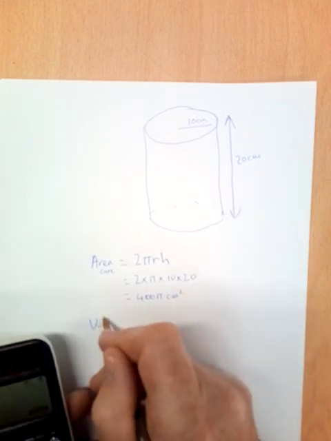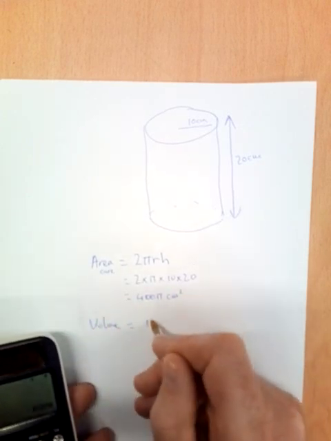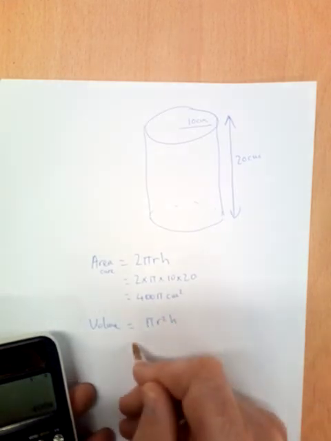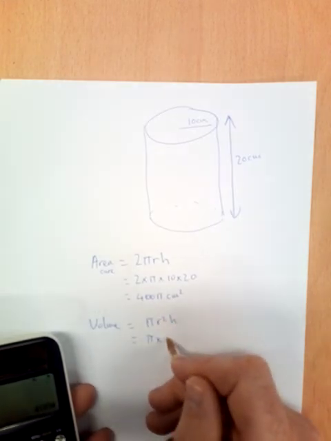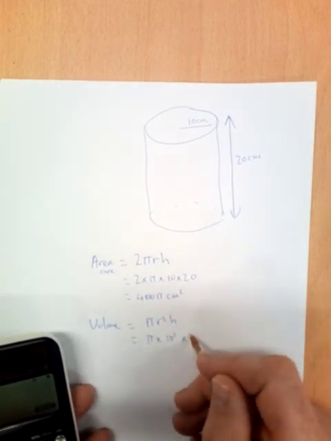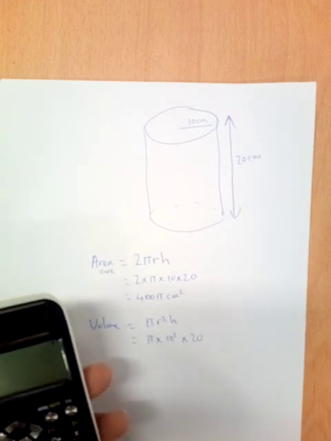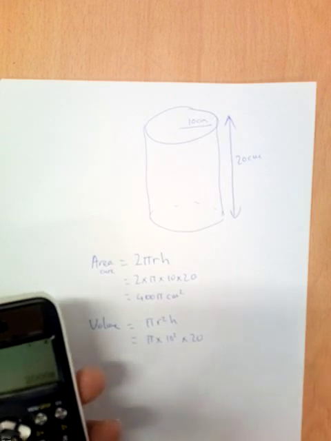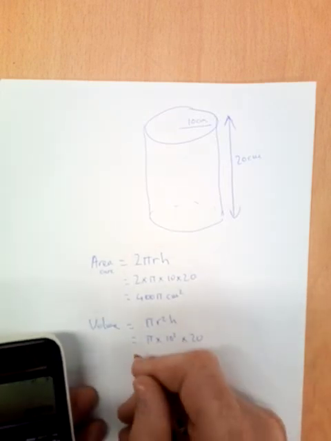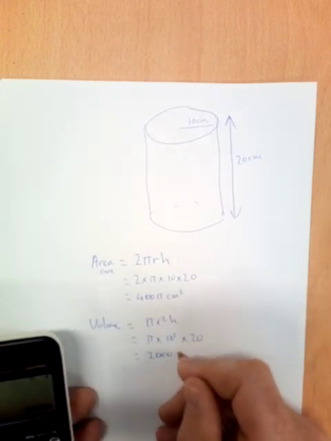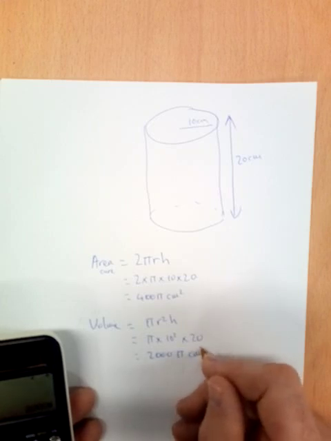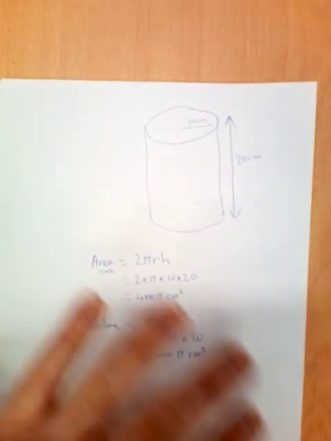The volume is going to be pi r squared h, which is pi by 10 squared by 20, which is 2,000 pi centimeters cubed. So that's a very straightforward one.